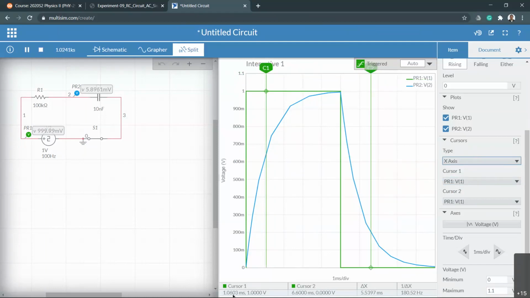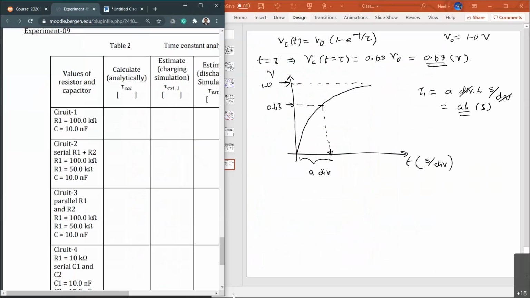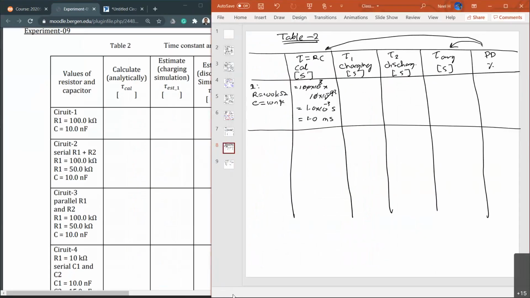Okay, so that is about 1.0603. So which means my time constant by using the charging curve is 1.0603 millisecond, right?